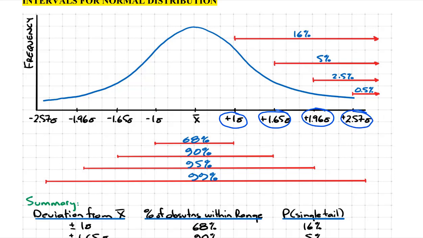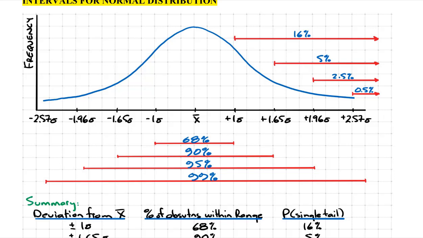I'll say it again because it's very important. Rather than looking at the actual values of this random variable, we're restating the horizontal axis in terms of how far the outcomes deviate from the mean in terms of standard deviation.